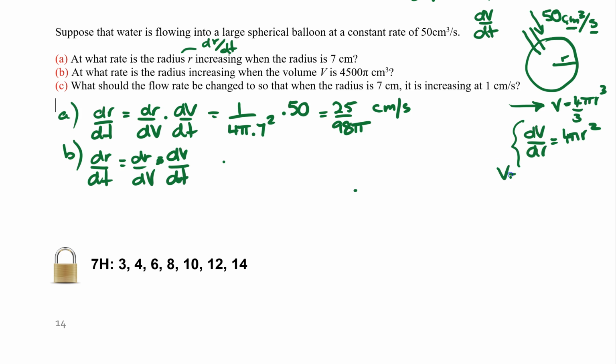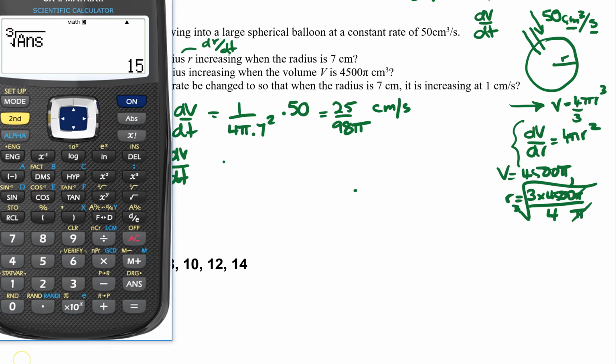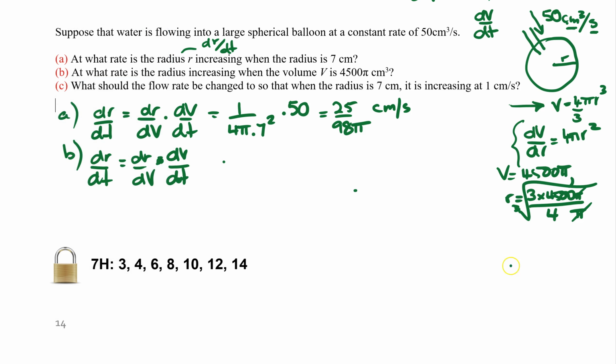So when V equals 4500 pi, what does r equal? Well, from our equation then, r is going to be 3V on 4, so 3 times 4500 pi on 4 divided by pi, so the pi's go, and then the cube root of that number there, which we're very happy works out to be a nice number because it's usually an indication we're on the right track.